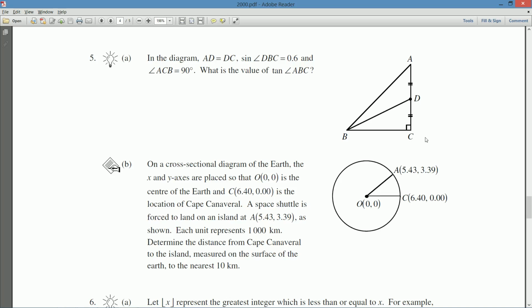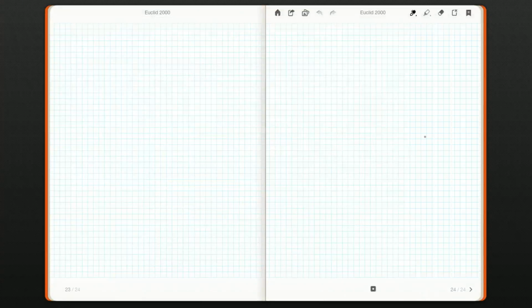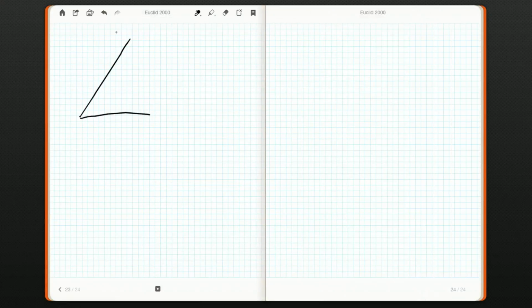Well, as always, let's draw a picture so we can better understand the situation and mark it up with whatever notation we need. Draw our own copy of the picture. We have A, B, C, and a point D halfway between the two.